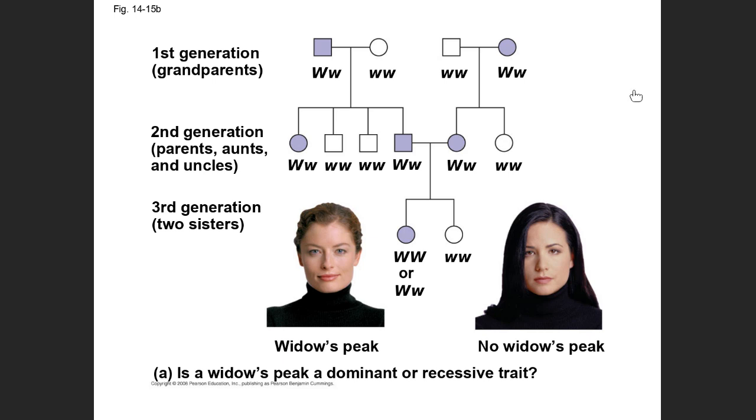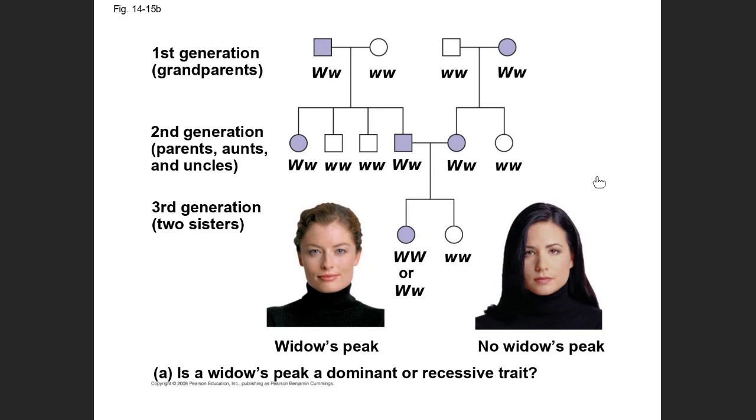So here we're looking at a genetic trait called a widow's peak. If your hair comes down to a point on the forehead, that is a widow's peak. Some people have it, some people don't. You guys are way too young for this, but the classic example was the old TV show The Munsters, with Eddie Munster, who had a very pronounced widow's peak enhanced by makeup.